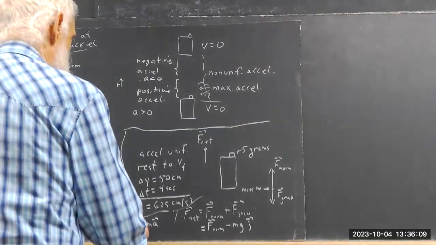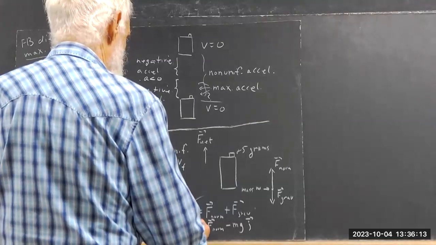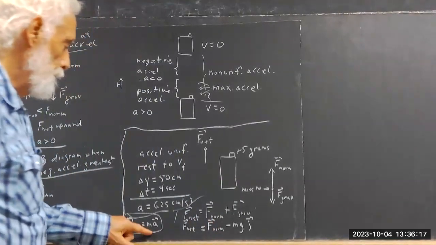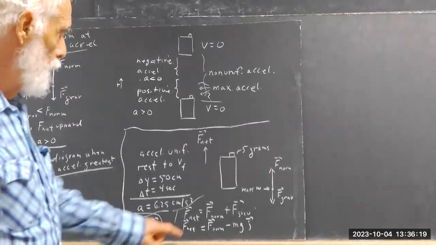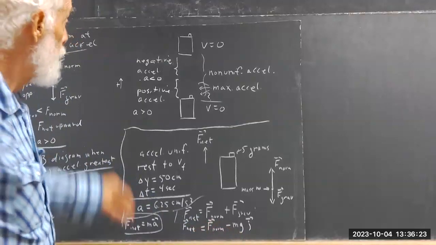So we have 2 things that we know. We know that F net is mass times acceleration. We know that F net is the normal force minus the gravitational force.